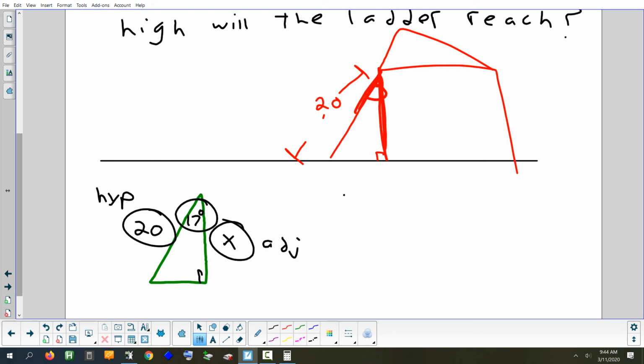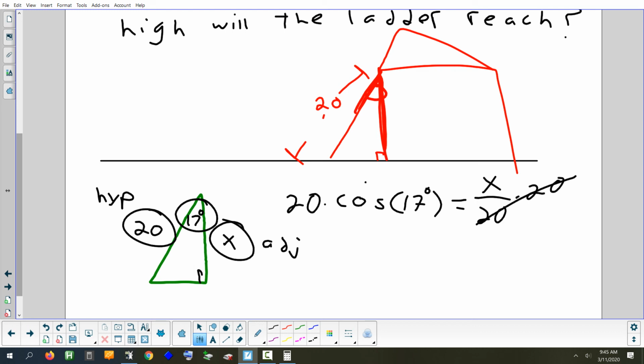Cosine. Can you set that up for me, Colby? The cosine of 17 degrees equals X over 20. And last step, multiply both sides by 20. And that is how high the ladder will reach.